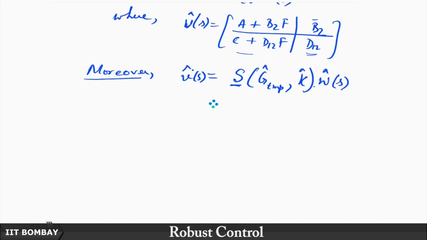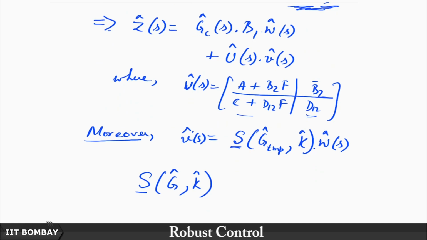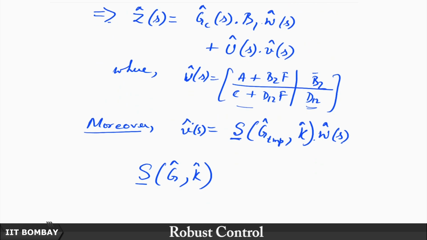But this means what? Now notice that this S bar, G hat, K hat, we have already written this. Okay, let me write it down in 2 steps then.